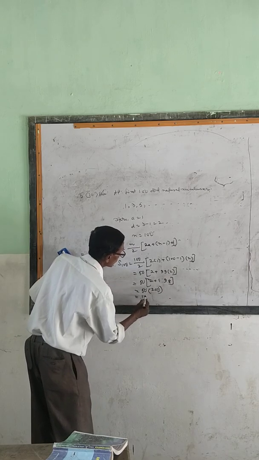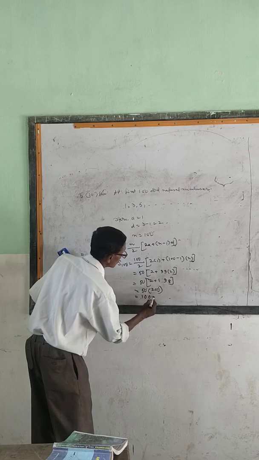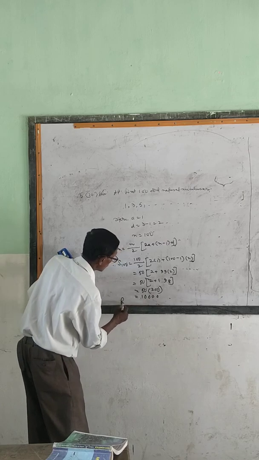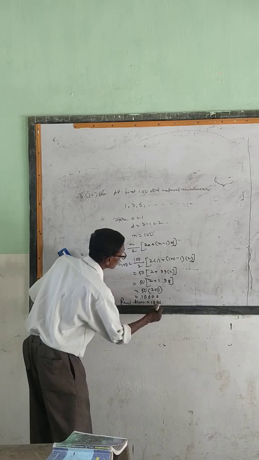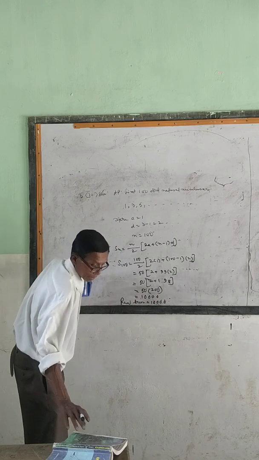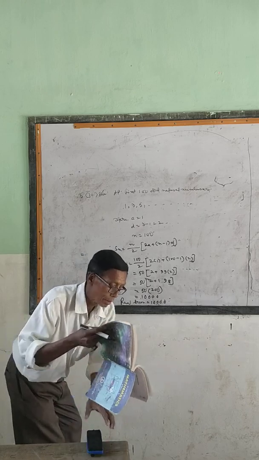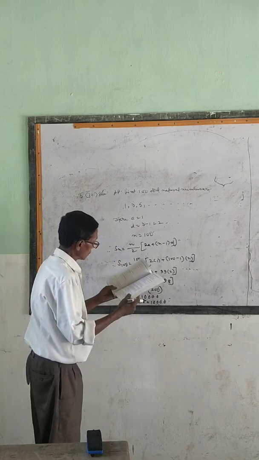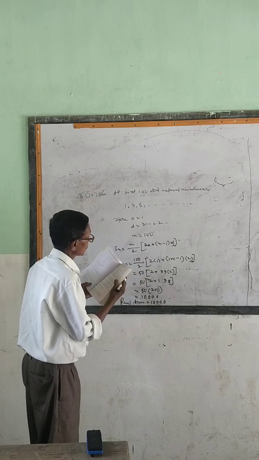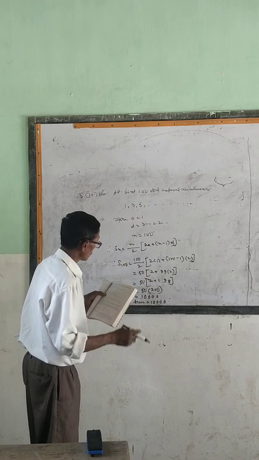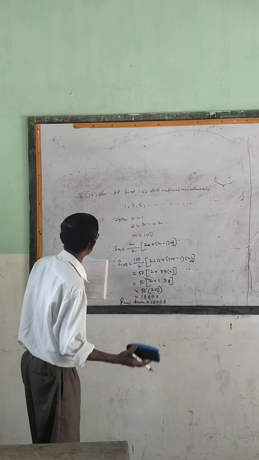So 5 into 10, how many zeros? 1, 2, 3. Square. 10,000. Now we can come to even numbers also, simply you can solve it. So question number 6.